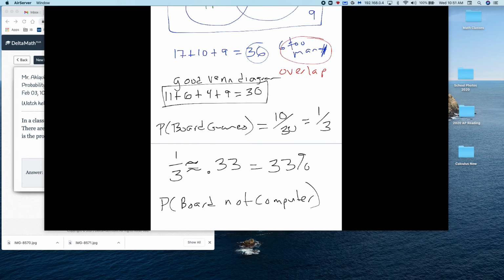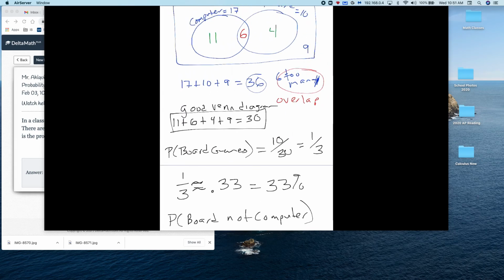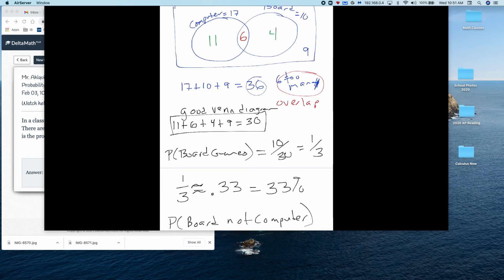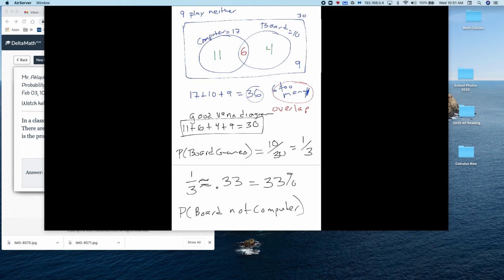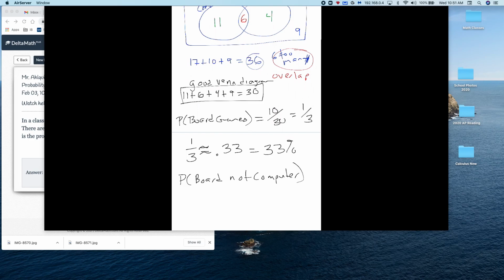If you play board games but not computers, that grouping is going to be this part right here. Board games but not computer games would be right there. That would be the 4 out of the 30.